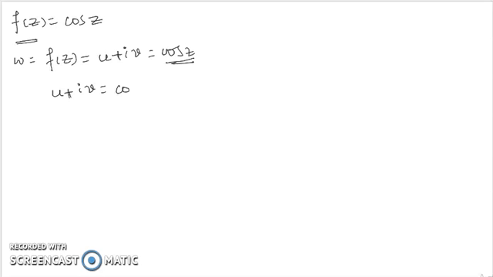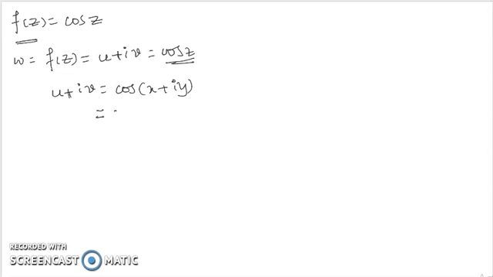I can write cos of z, where z is x plus iy, using the cos(a plus b) formula, that is cos a cos b minus sin a sin b.